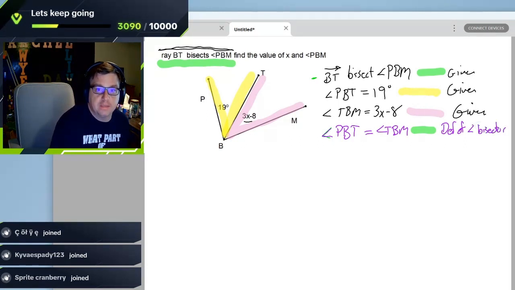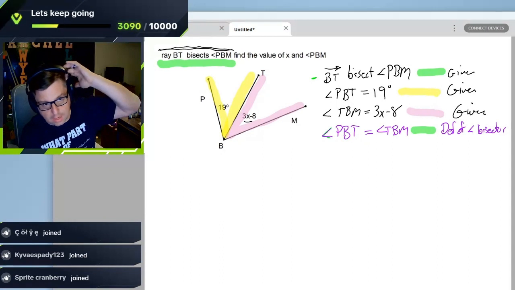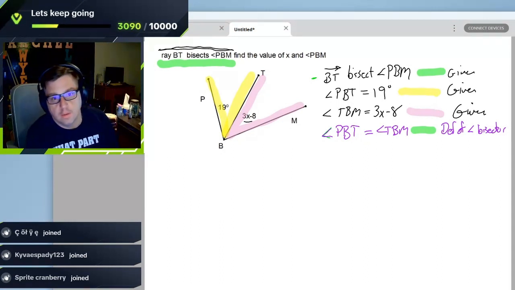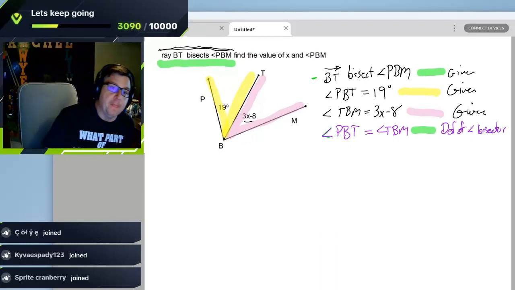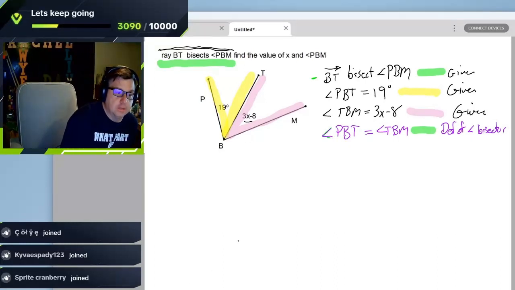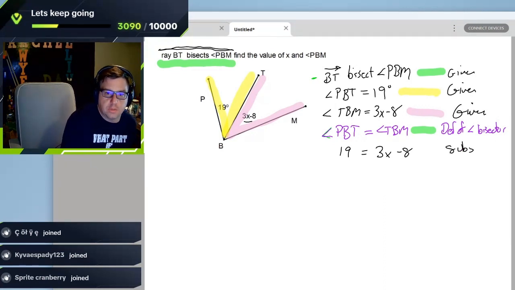The angle bisector means that this ray cuts the angle into 2 equal parts. So that's how we're using it. And the beauty of this is it's sort of backwards because so many people are used to having the x on one side and the number on the other. And this actually is going to set us up for 19 equals 3x minus 8. Because we did our substitution.